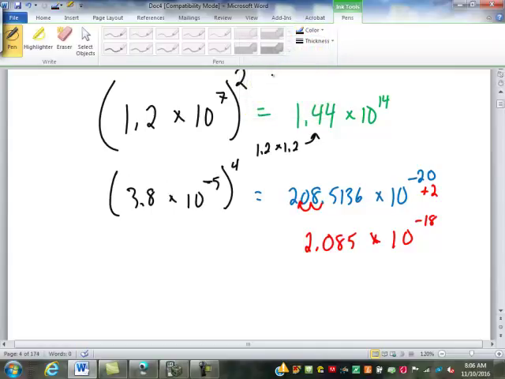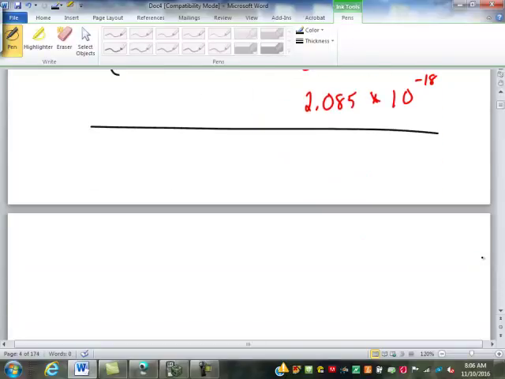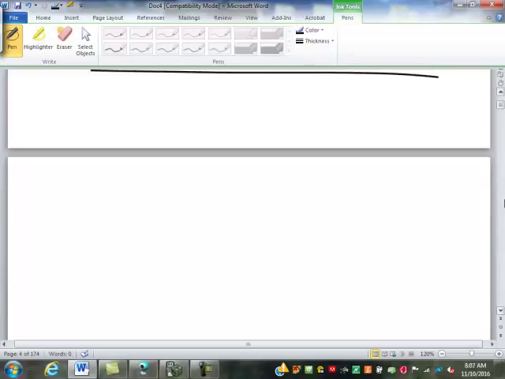Any questions? Engineering notation. When we go to do operations with engineering notation, we looked at this briefly last class. Remember, we said engineering notation is dealing with those metric prefixes. Like if we have a volt or an amp or an ohm, that main unit is 1, or 10 to the 0.